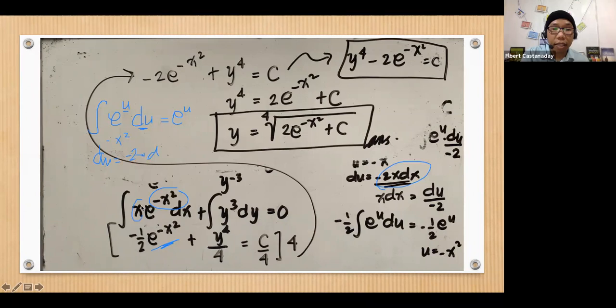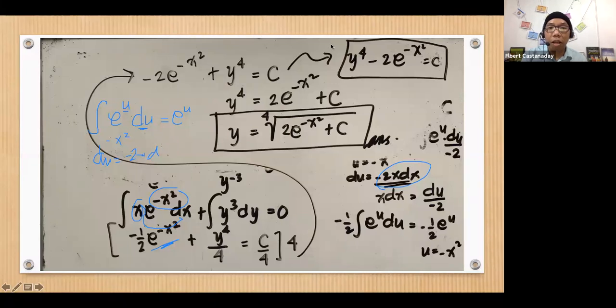So may x dx ka. Ano, gets mo na? Okay na? So yun, yung differential ng u mo is yung x dx. Okay? Baka nalito ka dun, ha? Basta ganun yung idea. May mga formulas tayo na kailangan i-consider, di ba, at masatisfy.